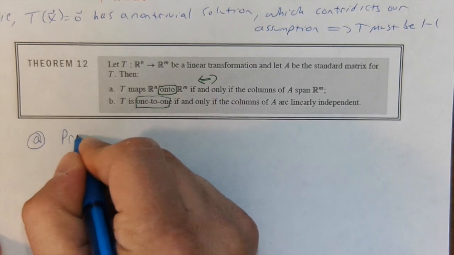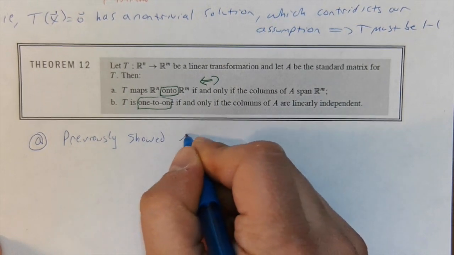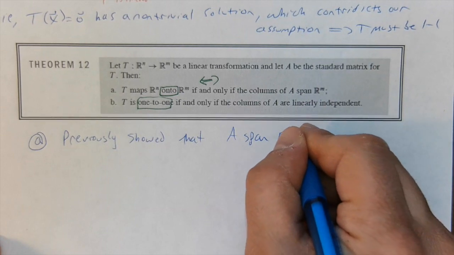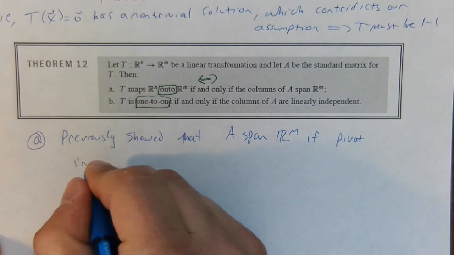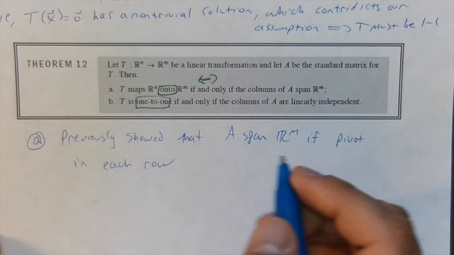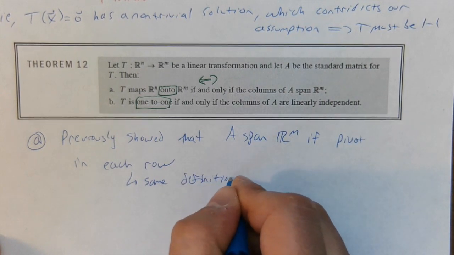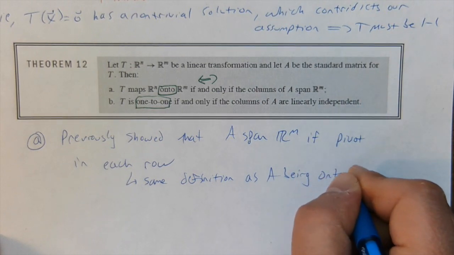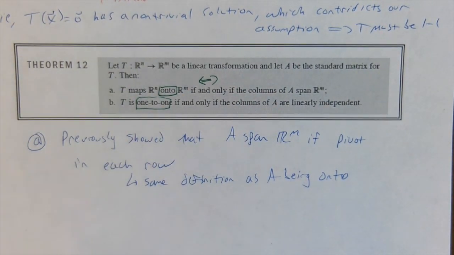So it should make sense that onto and spanning Rm are the same thing. You test for them the same way.